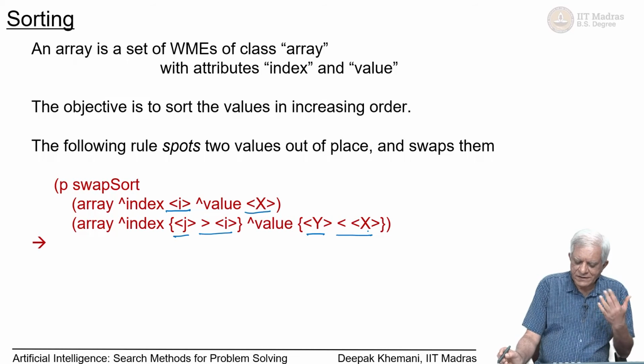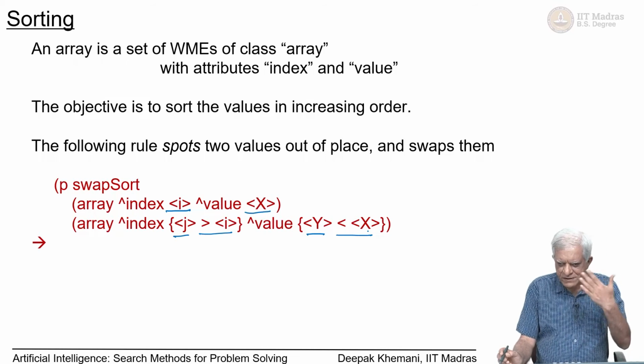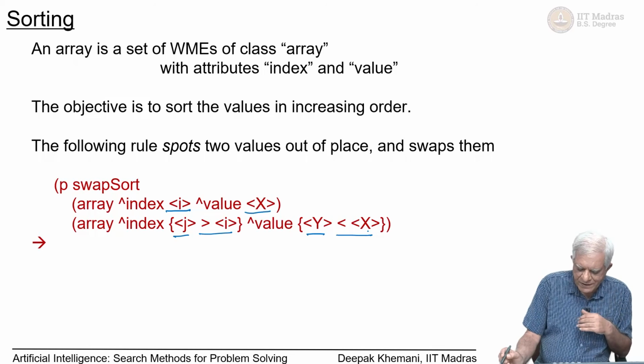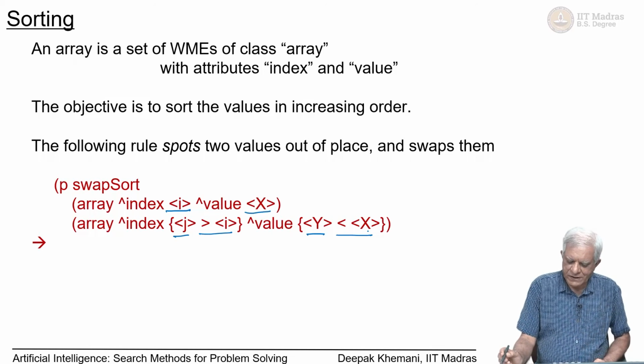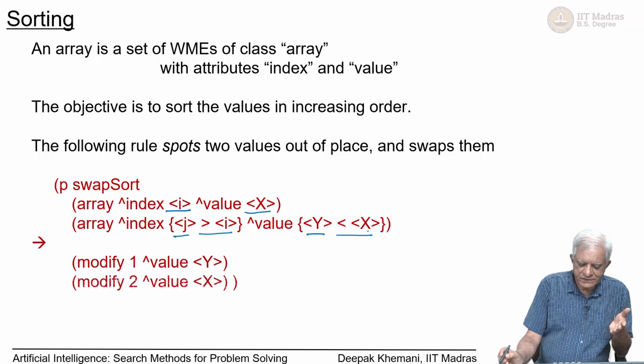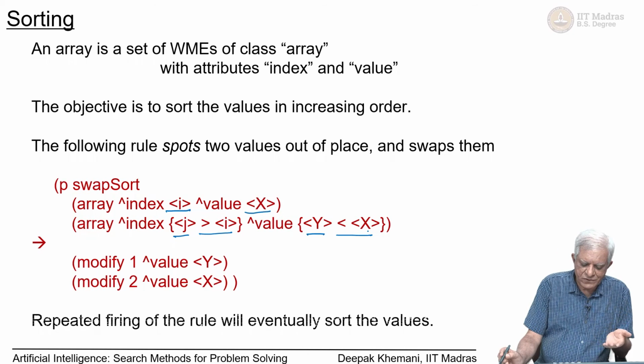What does it mean? That there is a higher index, higher meaning numerically larger index, but whose value is smaller. So, we basically do not want that, and we simply say modify the first value to y and modify the second value to x.